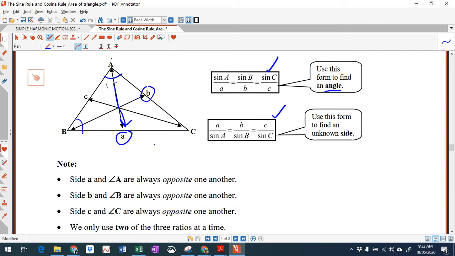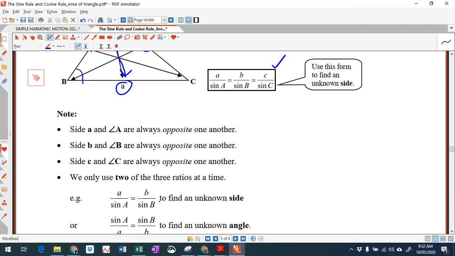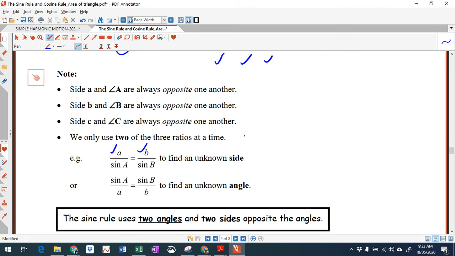We only use 2 of the 3 ratios at a time, so when you're using the sine rule, you only write down 1 equal sign.